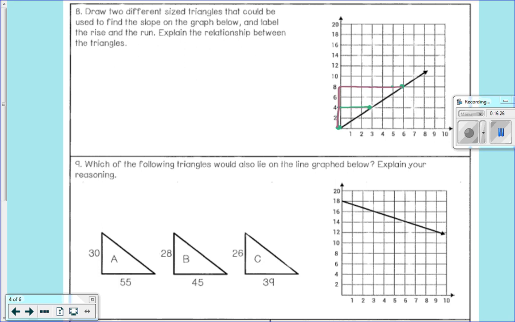So we have our first set of points, which is 0, 0. And that can be your x1, y1, and our second point is, did I say 3, 4? All right.